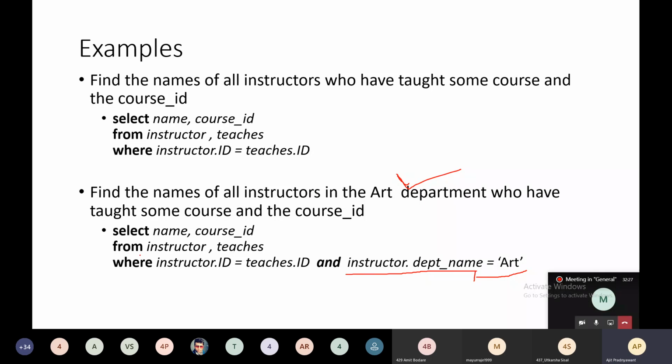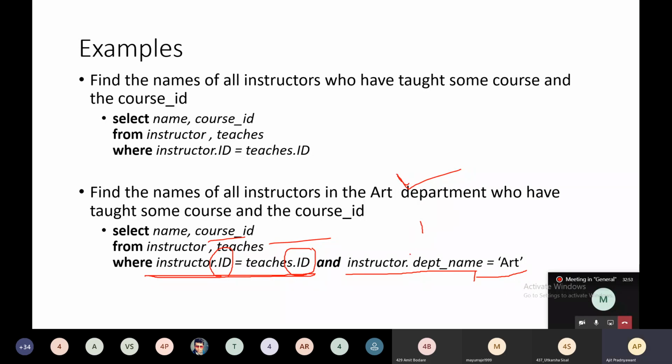And when you retrieve any data from two relations, you need to have one common attribute. Here ID is the common attribute. With the help of the statement instructor.id is equal to teachers.id, it will retrieve the tuples which match this instructor ID.